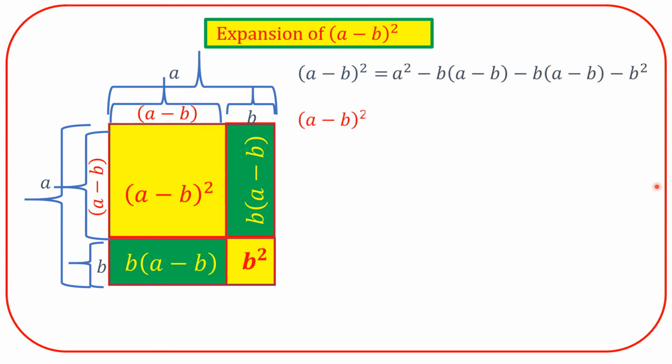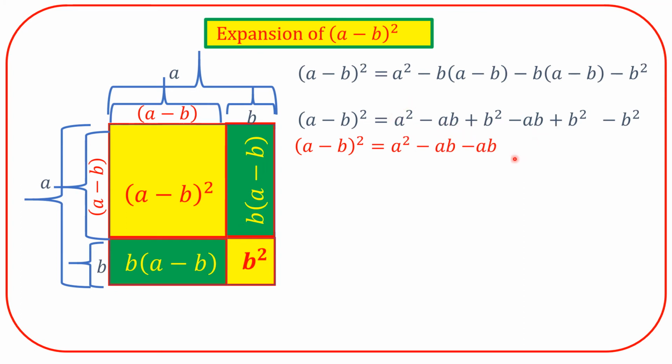(a - b) whole square is equal to a square as it is. Now expand this bracket: minus ab, minus minus plus b square, minus b square. So (a - b) whole square is equal to a square minus ab, bring together like terms, plus b square minus b square.